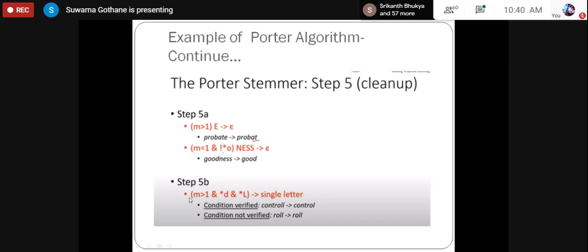So this is the last condition, m is greater than 1, so a combination of vowel and consonant appears twice or thrice or as many times as more than 1, and there is a double consonant, star d means double consonant, so double L is there and it ends with L. At that time we need to use only a single letter. So suppose this word, control, roll. For this it is not going to give correctness, so condition not verified.